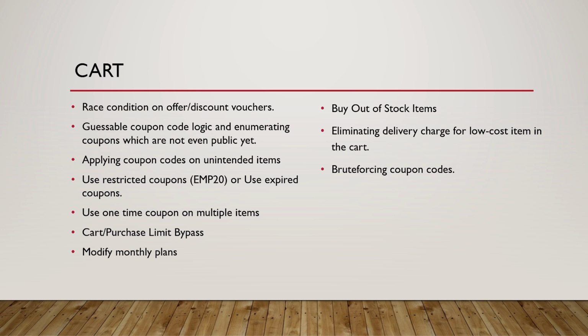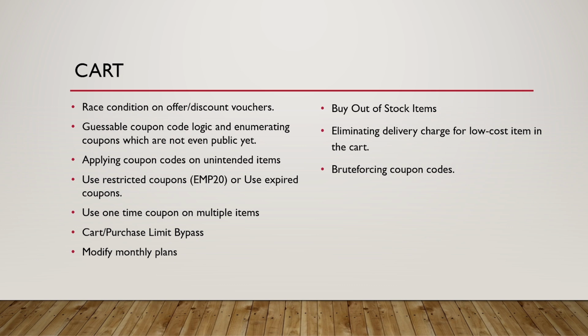So if I use a normal Amazon account with a gmail.com domain or any other domain except amazon.com, and I find some vulnerable API or vulnerable element in the UI through which I'm able to use the employee coupon, even though I'm not an employee, and get an additional discount, then that is a vulnerability.